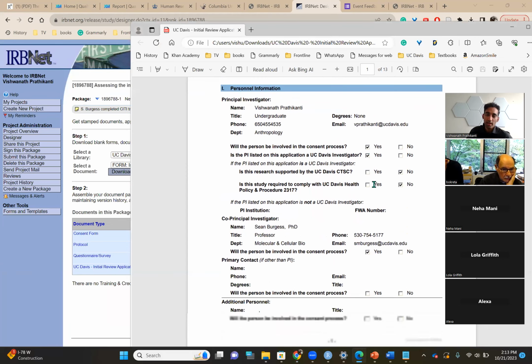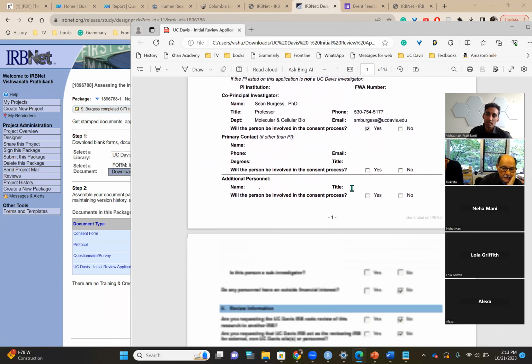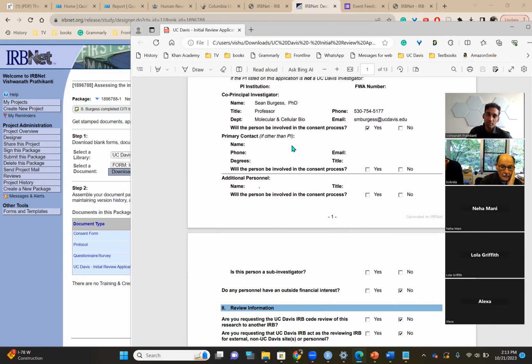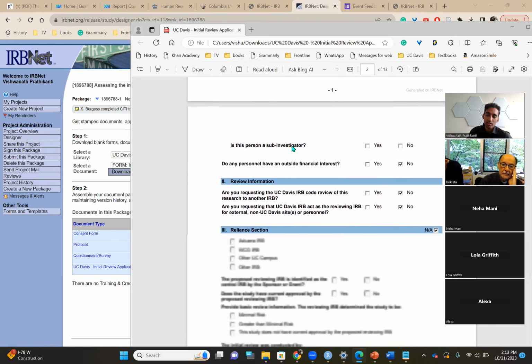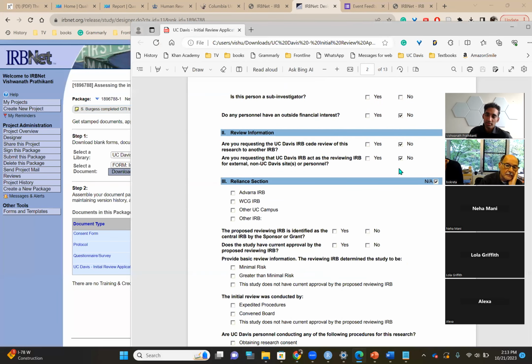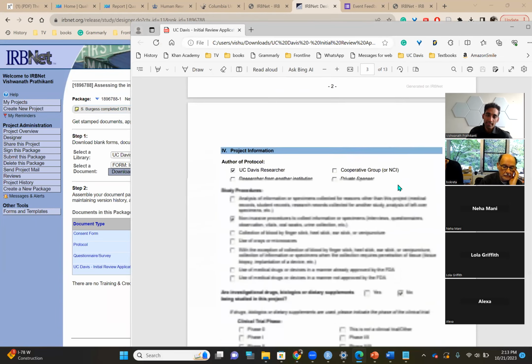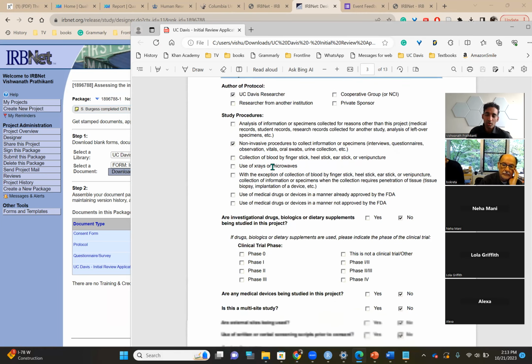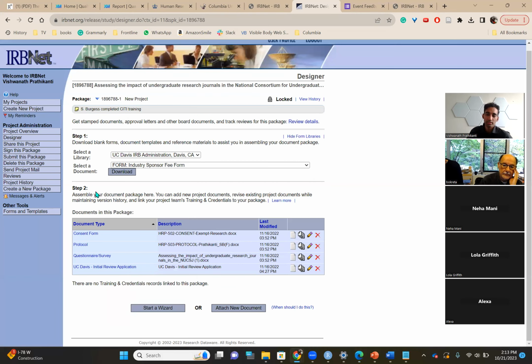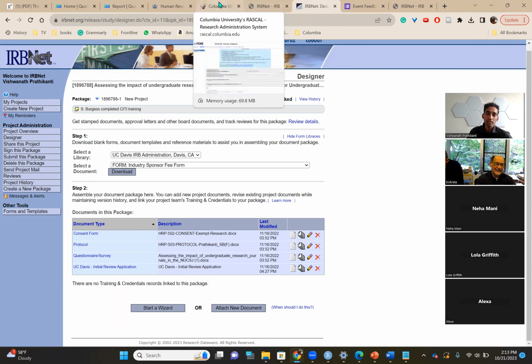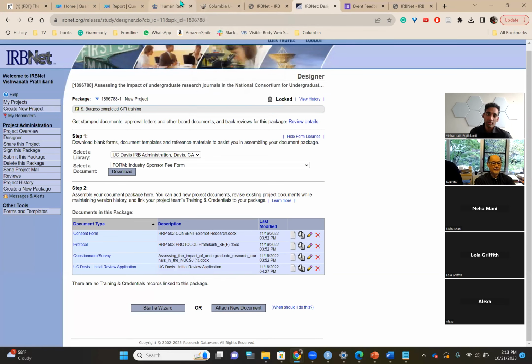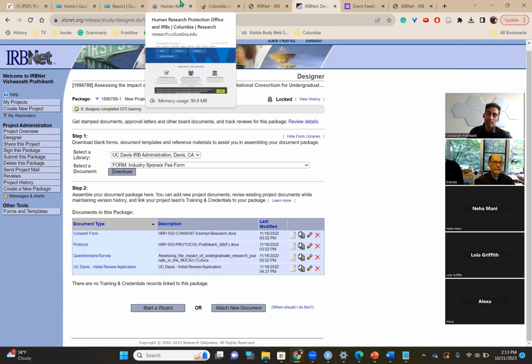So I just filled out my personal information, my principal advisor's information, stuff like that. Most of this I just checked no for the boxes. And overall, I think the IRB process looks intimidating, but once you actually get down to it, it's very simple. But let's look at a different example of what an IRB process might look like.